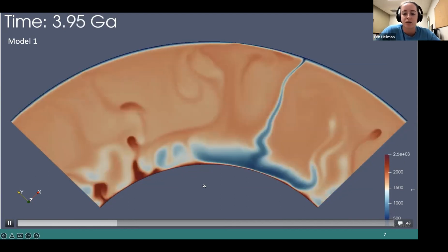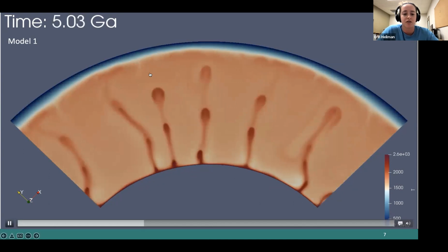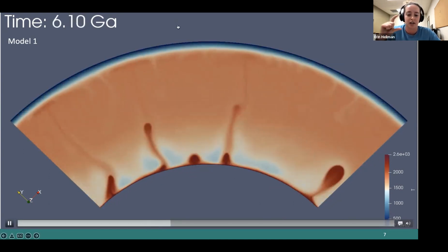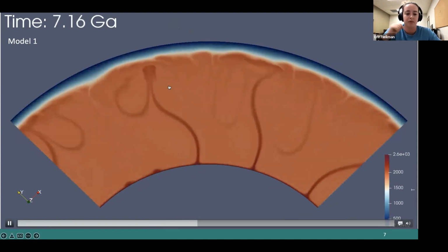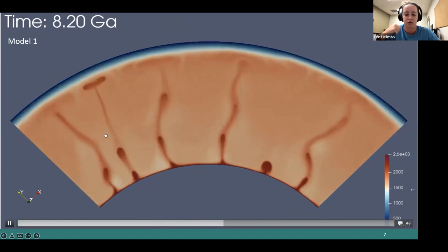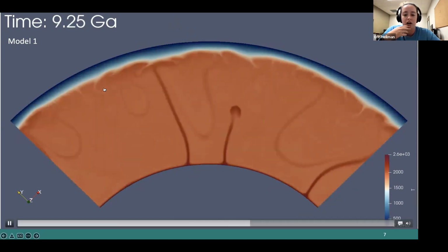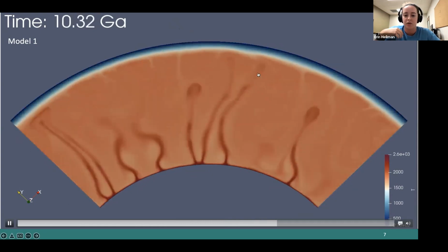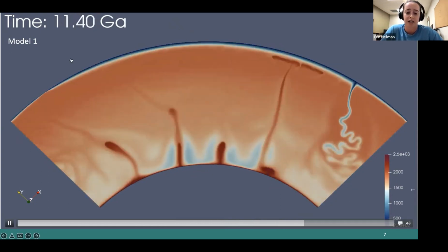We have periods of mobility where you have a subduction zone, into periods of stagnant lid where you see your top layer thickening over time and your mantle heating up until eventually the crust breaks and you get a subduction zone, which then cools down the mantle. And this happens in cycles throughout our model. And so you also see those drippy, lower crustal things that are also a hallmark of stagnant lid convection as well.